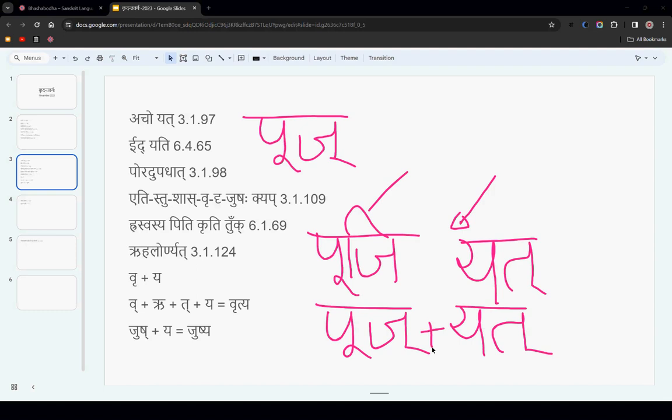This becomes pujya. I think this is the correct prakriya for pujya. Puja plus nich, puji, and because it is yat, that ikara goes away because nich, ni goes away because anit pratyaya, then pujya.